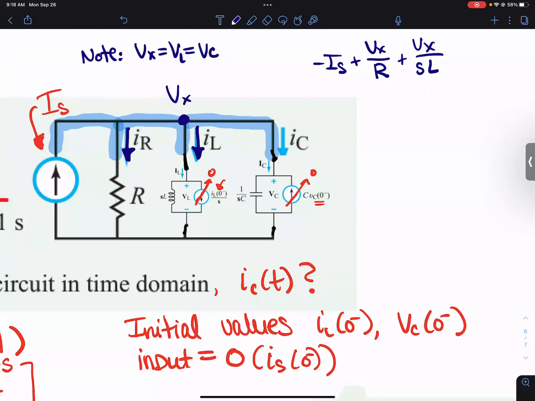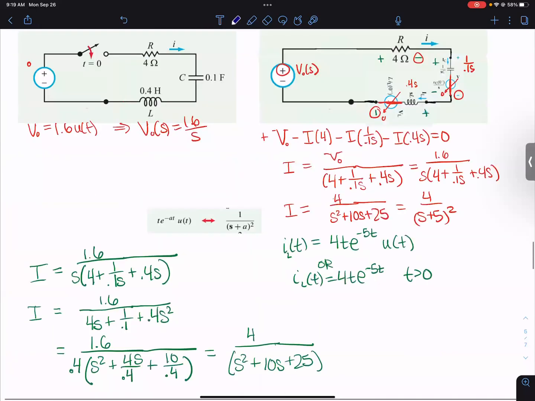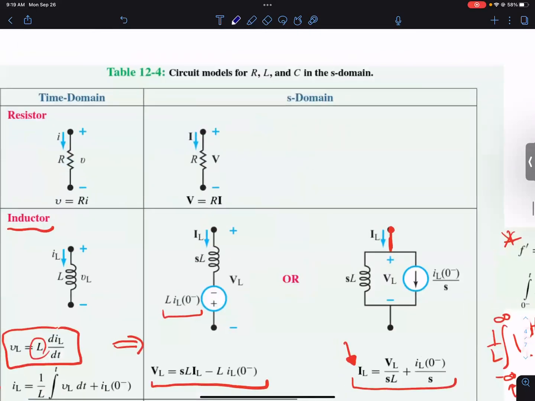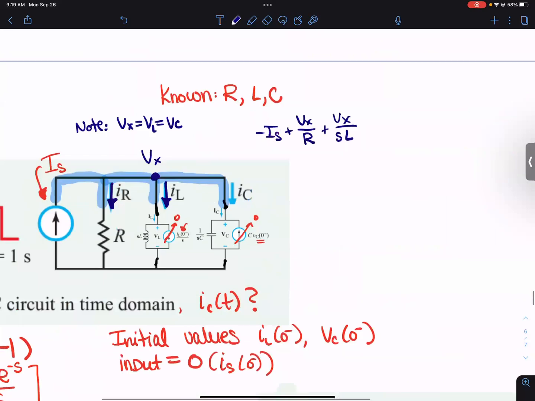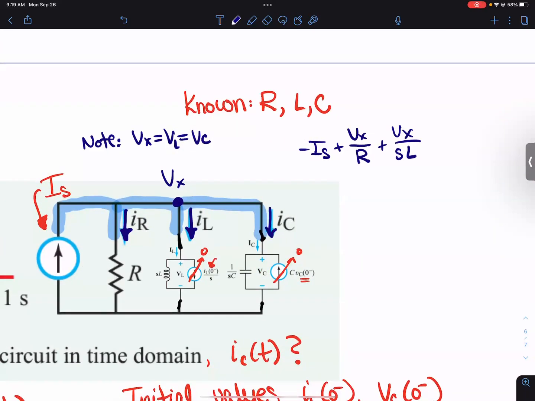So somebody said RS. R just transforms over into R. So it's just a multiplier number. So when you multiply it over, it just is R times the I of S. All right, so then this one.